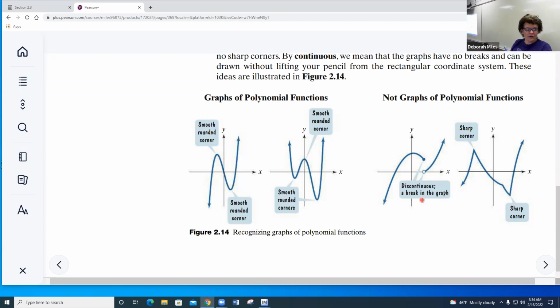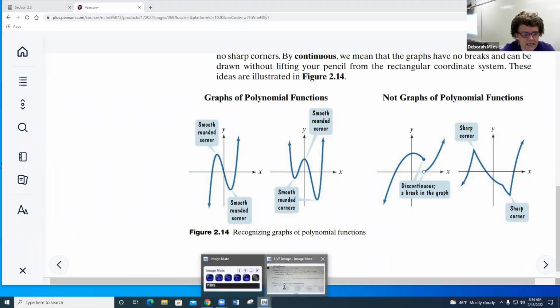For all polynomial functions, you can find the derivative, but you cannot take the derivative of functions that have discontinuities like this or sharp turning points like that. So because polynomials all have nice, smooth, continuous graphs, you can find the derivative of any polynomial function.